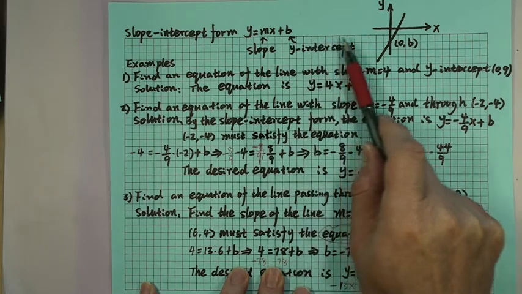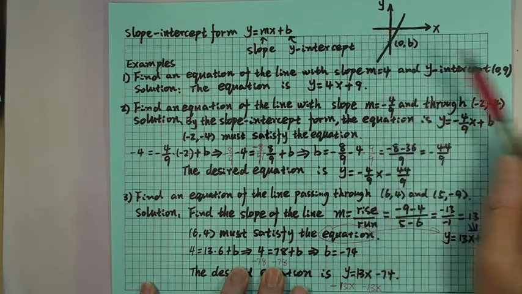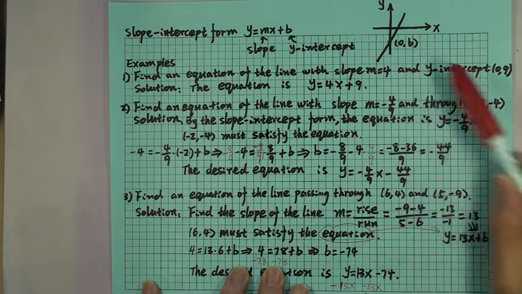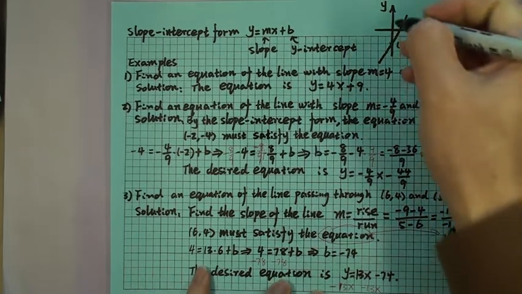B stands for the length from origin 0 to 0, b. Okay? Basically, you may put a 0 here.